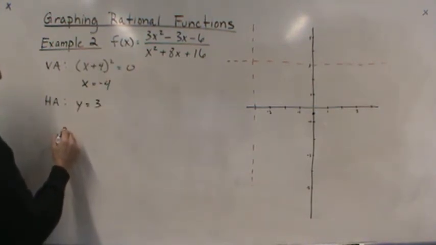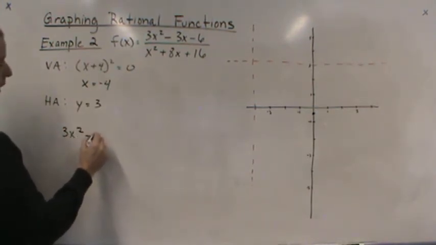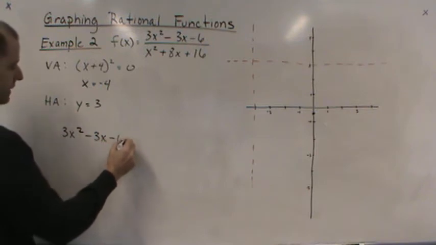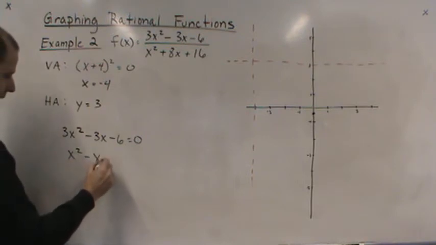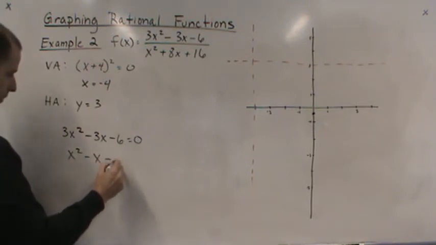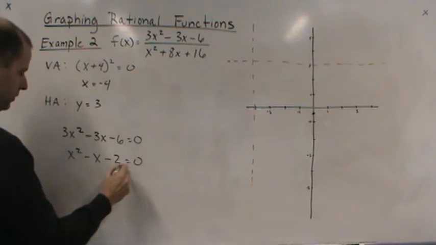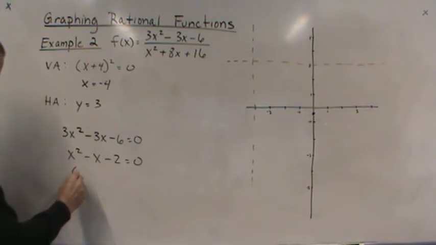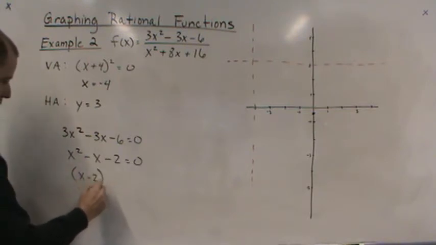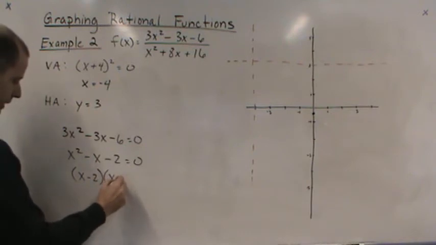So we're going to set 3x squared minus 3x minus 6 equal to 0. And so that's going to be the same as x squared minus x minus 2 is equal to 0. And then this factors into what? This factors into x minus 2 and x plus 1.